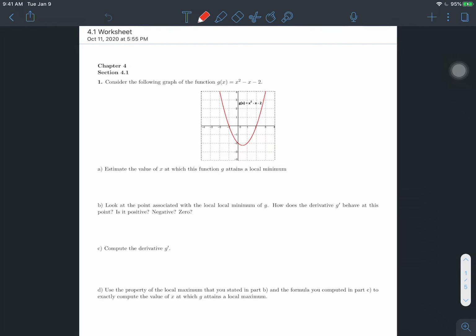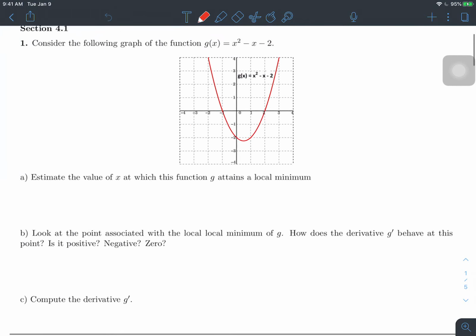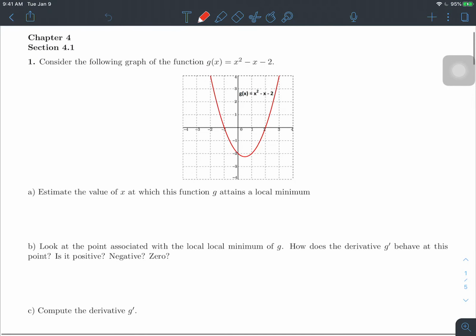Okay? All right, so the first thing to consider is this graph of a parabola, g of x equals x squared minus x minus 2. We're supposed to estimate the value of x at which this function achieves a local minimum.